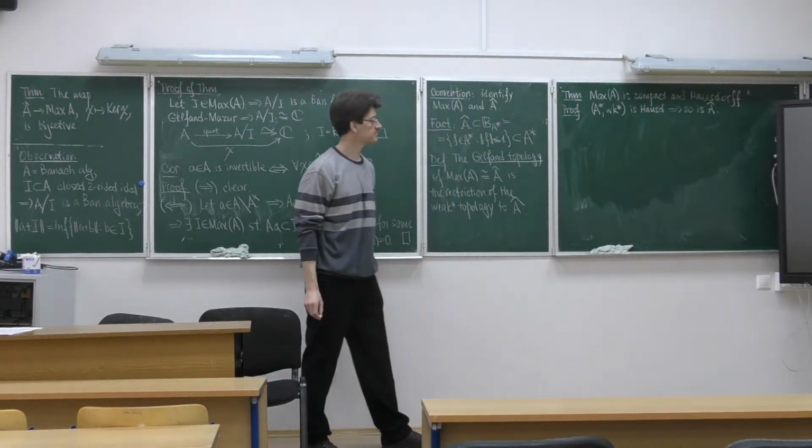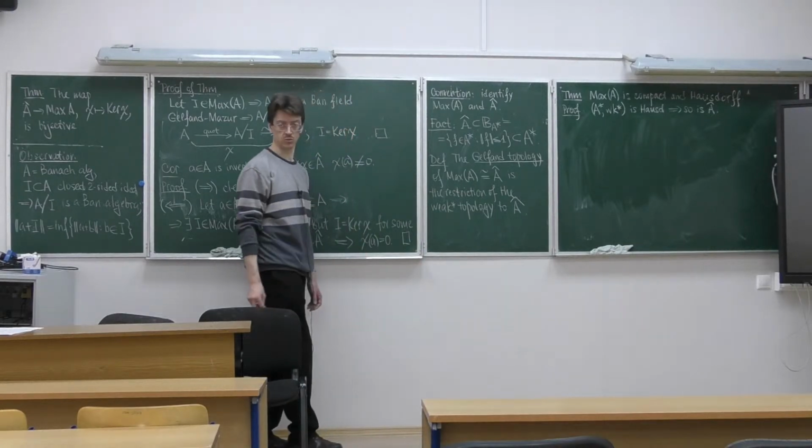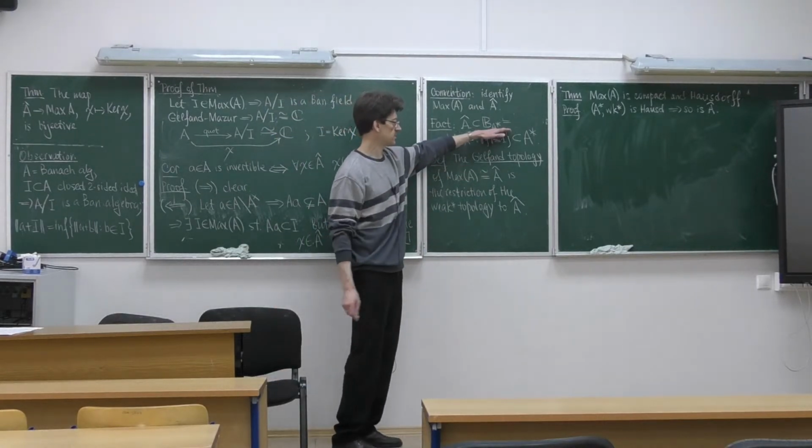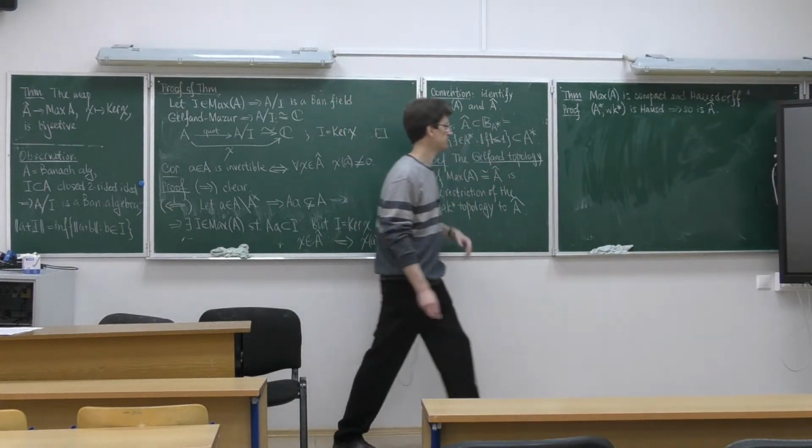Why is it compact? Let's recall from the previous lecture the Banach-Alaoglu-Bourbaki theorem, which implied that the closed unit ball is compact for the weak star topology.